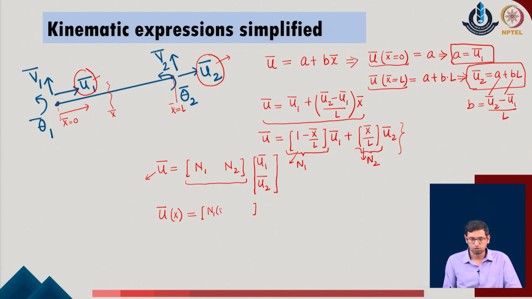N1 is also a function of x, or rather I should say x bar, because of the local coordinate we are defining. Similarly, N2 also happens to be a function of x bar, whereas u1 bar and u2 bar, which are the identified fixed values at the two nodal points, now appear in the system completely independent of x.